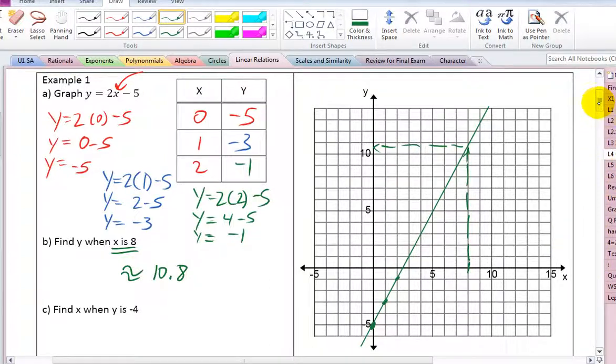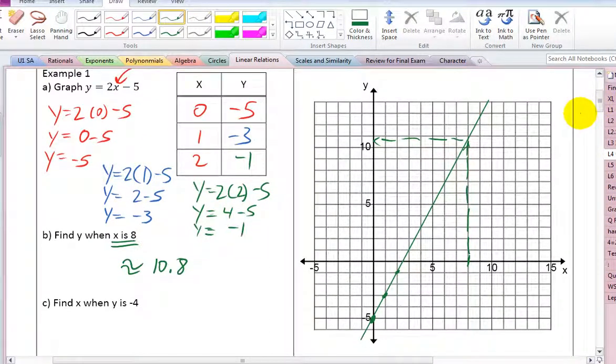Now we want to do the other direction. So now y is -4. What is x? So -4, go over to your line and up. And x is approximately 0.5. So you're just interpolating, extrapolating. Which one's inter and which one's extra?